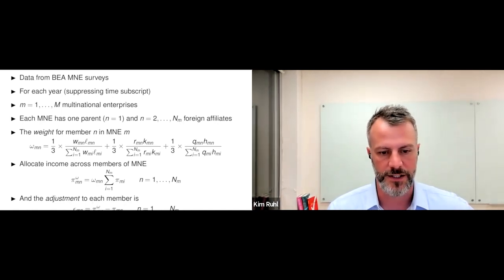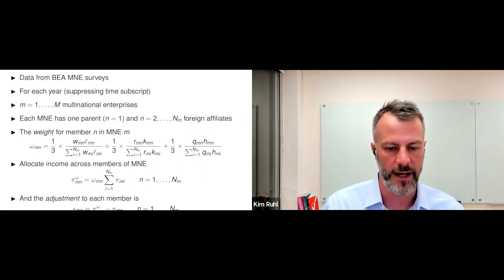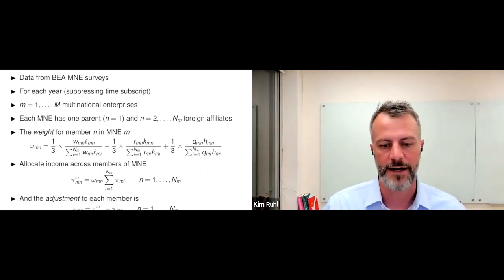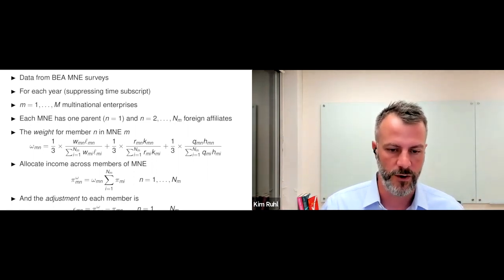What we call the adjustment is simply the reappropriated profit, right? So what we think that particular member N in firm M's profit should be, minus their reported profit, right? So this is what they report. This is what we've attributed to them, and the difference we're calling the adjustment.